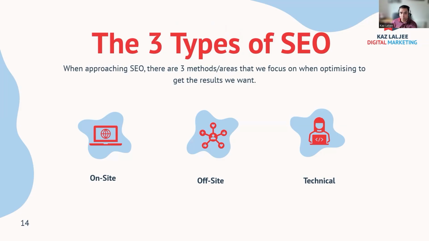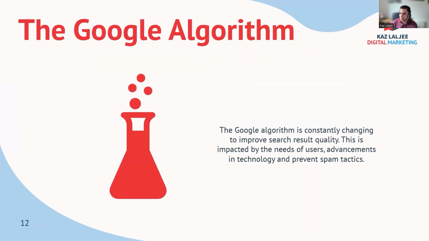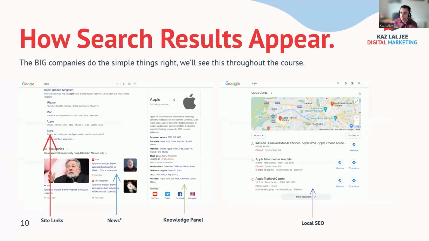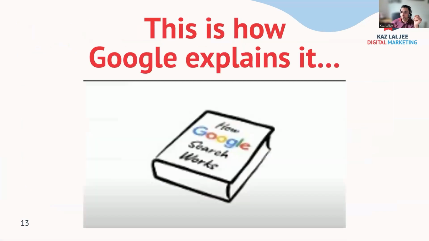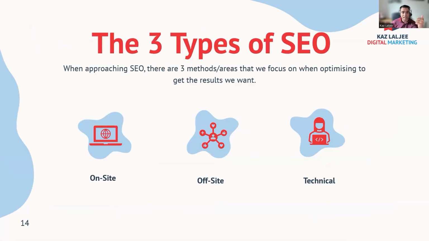If you remember when we went back into the previous couple of slides where we have I am fixed, that's local to me, so they've got good local SEO. So you can see how local SEO is, and we've talked a little bit about it. So yes, we do have on-site, off-site, and technical, but don't forget about the local side. Okay, so let's have a look at these areas.